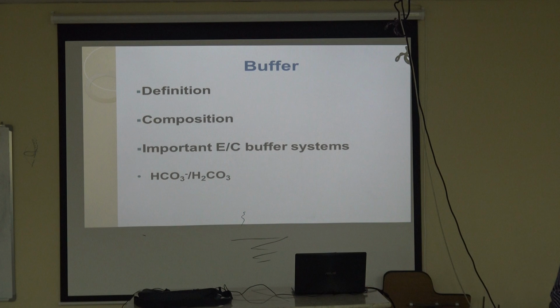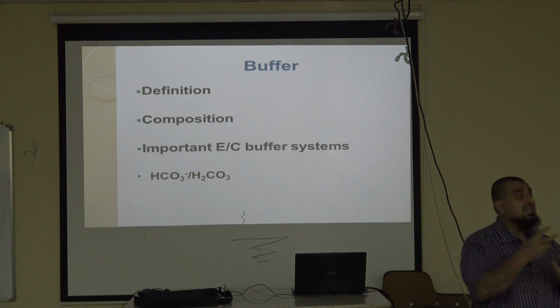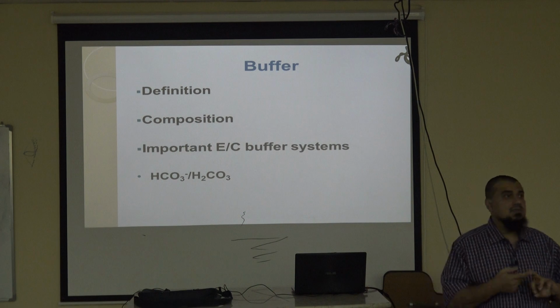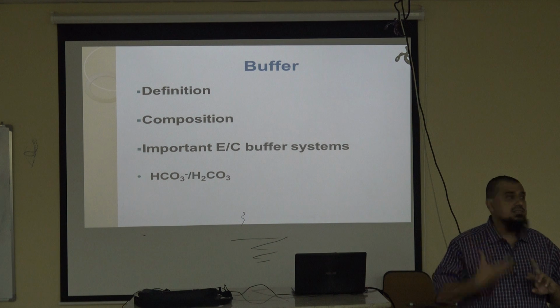Now remember, we have three different types of buffers. Buffer by definition is anything that resists change in the pH. One is the chemical buffer system in our body, which is made up of certain chemicals. A combination of chemicals creates a buffer system. The second is the respiratory system.